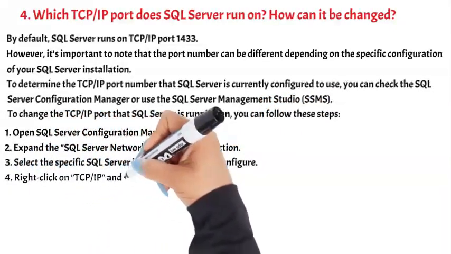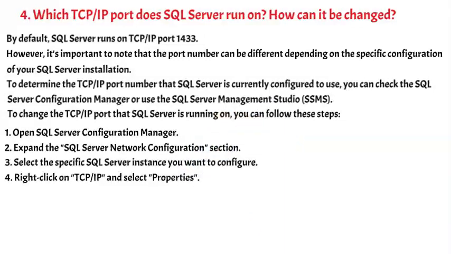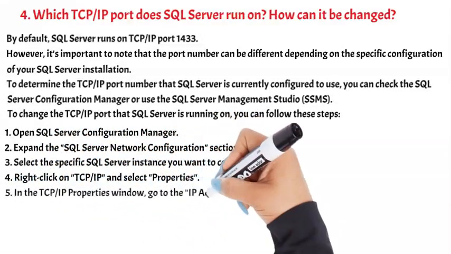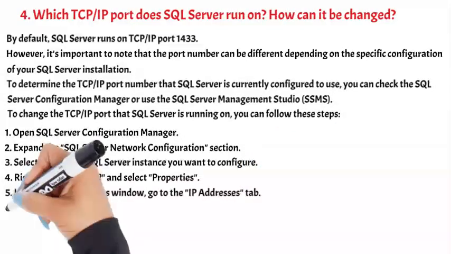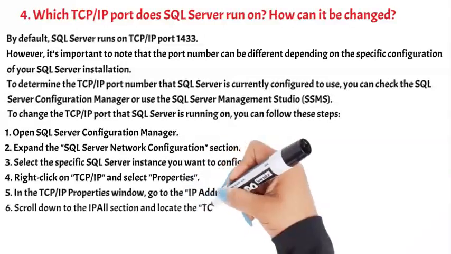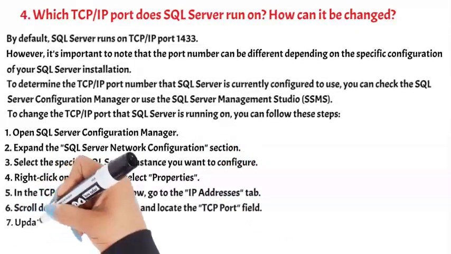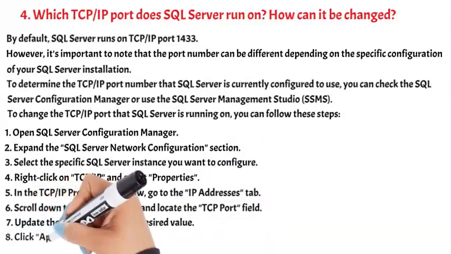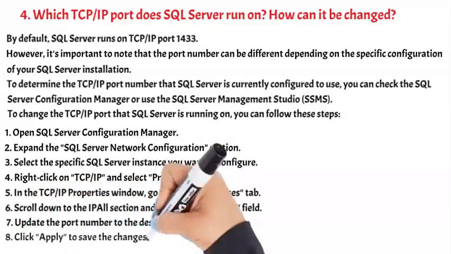Right-click on TCP/IP and select Properties. 5. In the TCP/IP Properties window, go to the IP Addresses tab. 6. Scroll down to the IPAll section and locate the TCP port field. 7. Update the port number to the desired value. 8. Click Apply to save the changes.